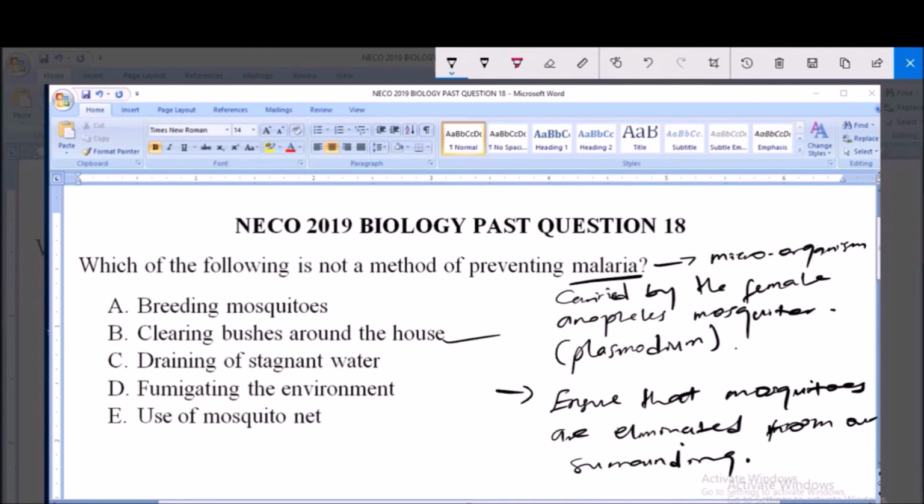Draining of stagnant water also prevents malaria because it will help reduce the stay of its eggs on the stagnant water. Also, fumigating the environment kills the mosquito, and use of mosquito nets will prevent mosquito from getting in contact with the skin. So now, breeding mosquito is not a method of preventing malaria.